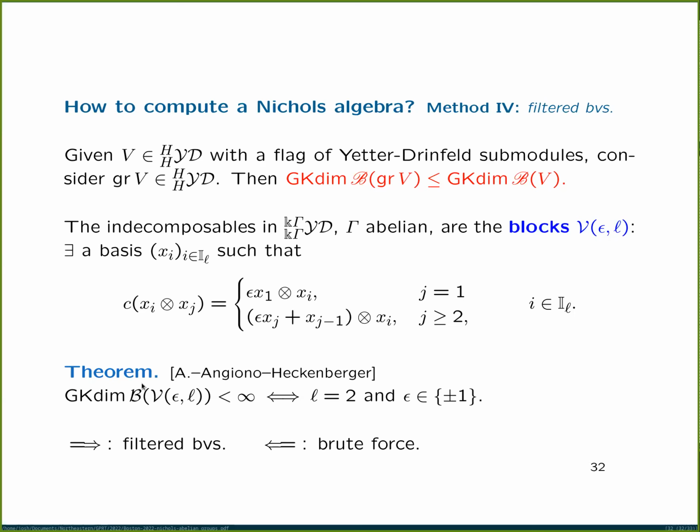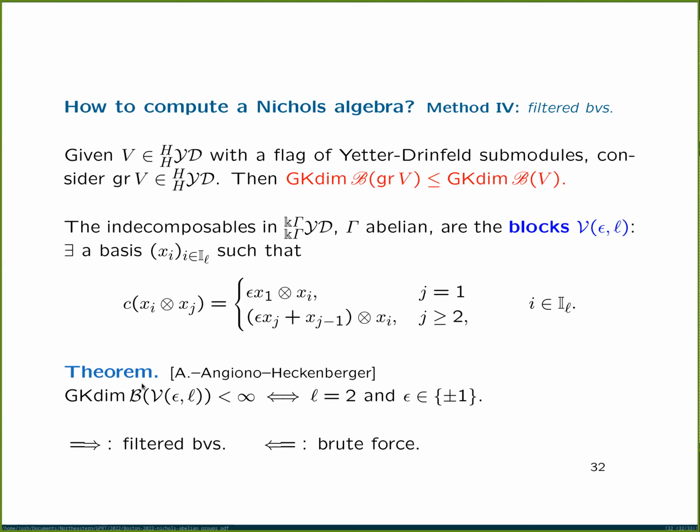So this fits into this project. And the first way is to look at so-called blocks. The blocks correspond to the indecomposable Yetter-Drinfeld modules over an abelian group. And it turns out that the braiding is given by c(x_i ⊗ x_j) = ε x_j ⊗ x_i if j is equal to 1, and if j is bigger than 1, it is given by this formula, (ε x_j + x_{j+1}) ⊗ x_i.